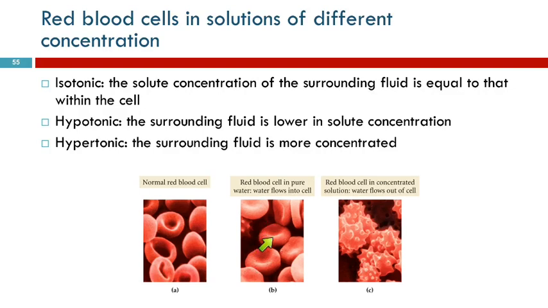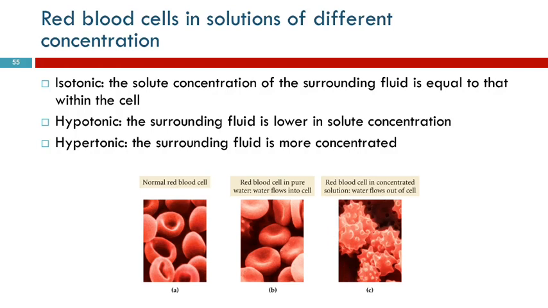If you put red blood cells into pure water, there's salt concentration inside the red blood cells. Water will flow into them, causing them to swell and eventually to burst. That's not a good thing if that's happening inside your body. If you put them in a high concentration of salt solution, it will draw the water out of the cells and cause them to shrink.